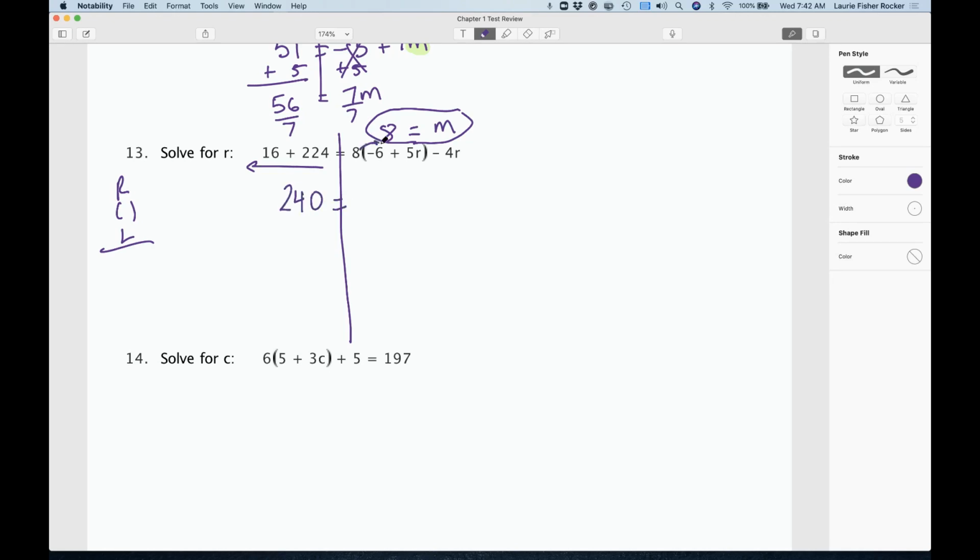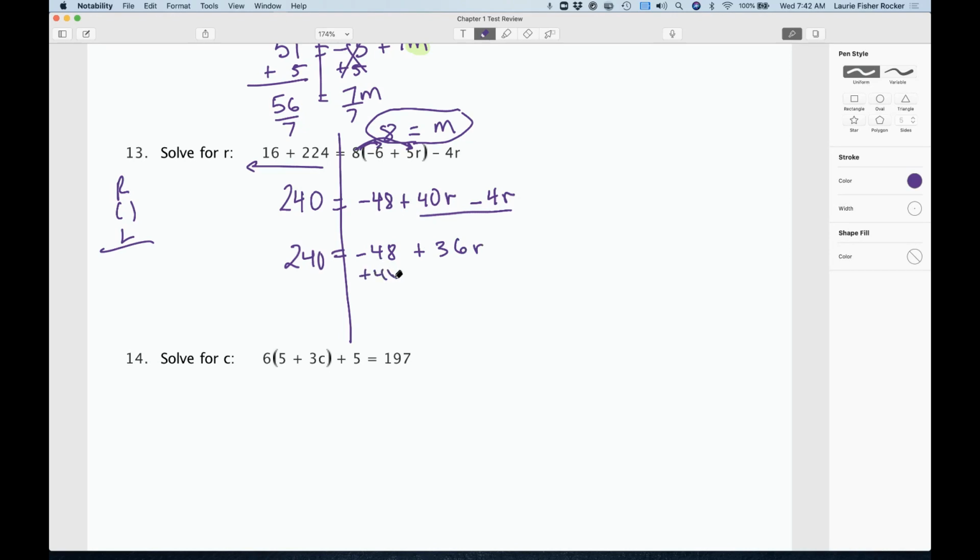Now this side I do have parentheses, so I'm going to go ahead and do that. So negative 48 plus 8 times 5 is 40r minus 4r. So now I've still got some likes over here, so I've got 240 equals negative 48 plus, and our different signs, so 40 minus 4, so it's 36r.